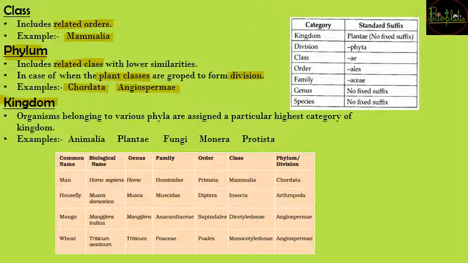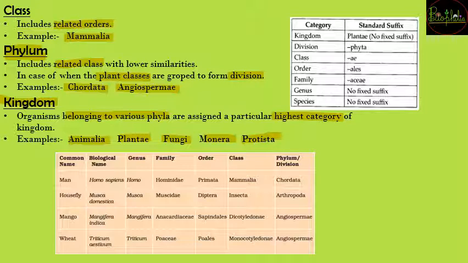The kingdom is going to have all the various phyla that are going to be coming in the highest category, that is kingdom. Kingdom के 5 examples हैं, that is Animalia, Plantae, Fungi, Monera and Protista.